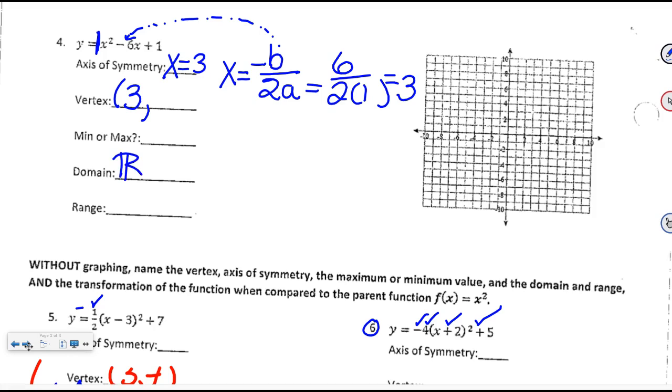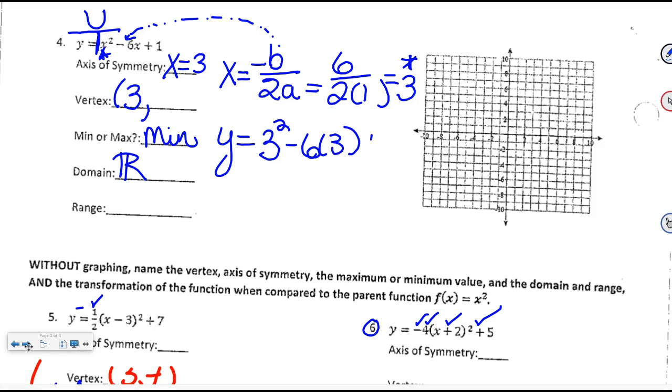I also know, because this is positive, it makes a smile, which means I'll be at a minimum. And then I'm going to show you how to check everything on your calculator, even right down to the vertex if you want. But let's get the y-coordinate of the vertex. You should take the x right here, squared, minus 6 times the x, plus 1.